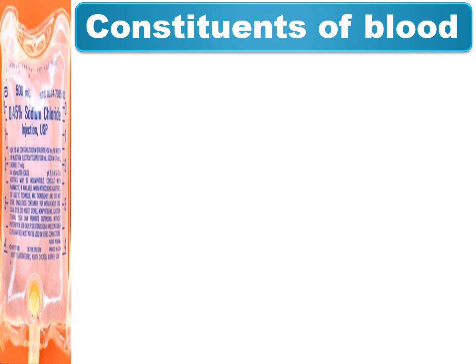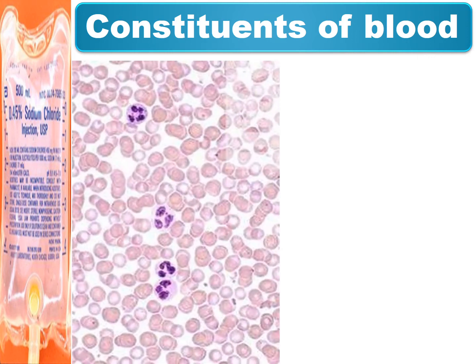Now let us discuss the constituents of the blood. There are a lot of constituents of the blood, but here we will discuss only the three important constituents: the plasma, RBC and WBC. Let us start with the plasma.